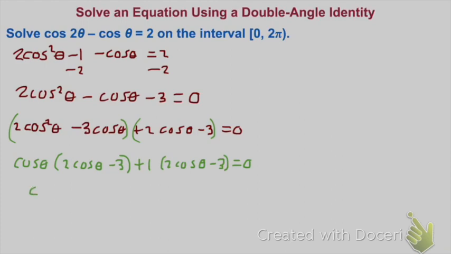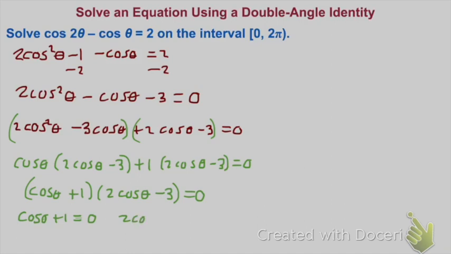So our factors are cosine theta plus 1, 2 cosine theta minus 3. Set the factors equal to 0. So we have cosine theta plus 1 equals 0. And 2 cosine theta minus 3 equals 0.